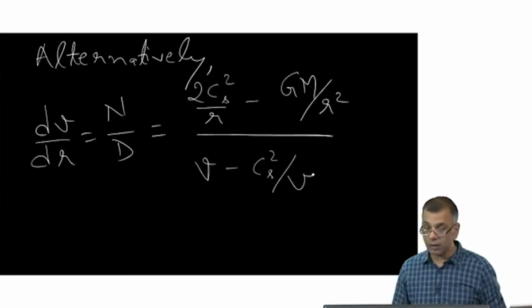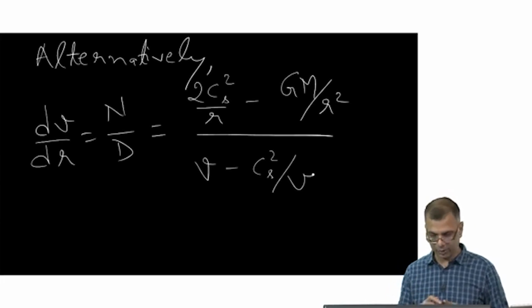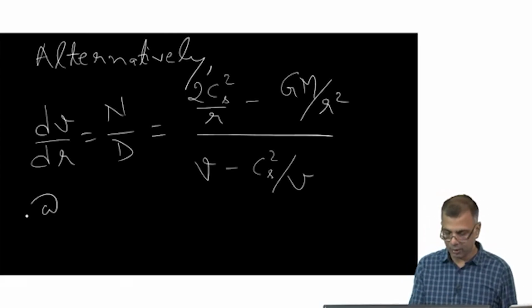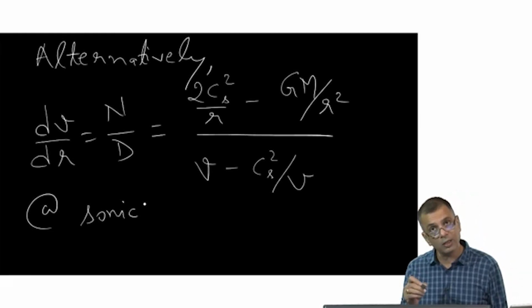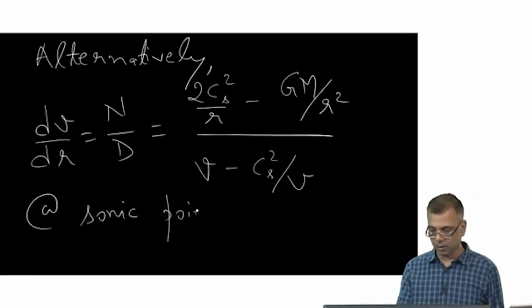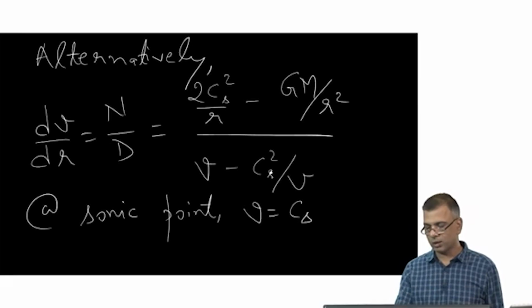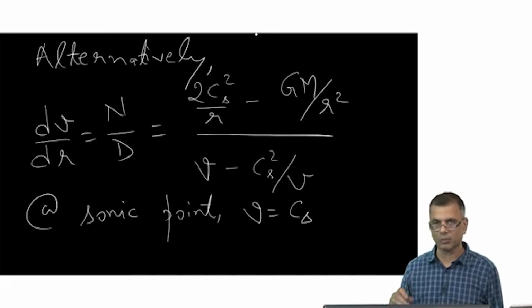But the main thing is, either way the transition happens, they pass through the sonic point. So, at the sonic point, in other words, they pass through Mach number equal to 1. So, this equation becomes something like V squared minus Cs squared, and the V goes upstairs.